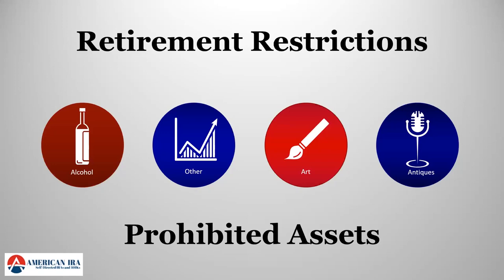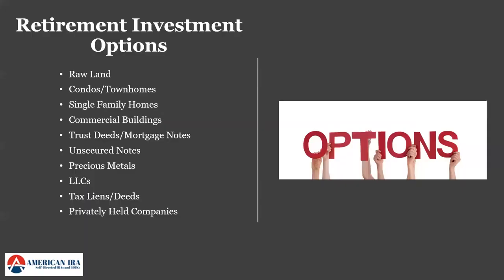Collectibles could be anything from artwork to antiques, fine wine, whatever is deemed a quote unquote collectible per the IRS code. It's usually a list of items that do not come up in conversations when clients are talking about what they're interested in investing in. So again, collectibles and life insurance policies.